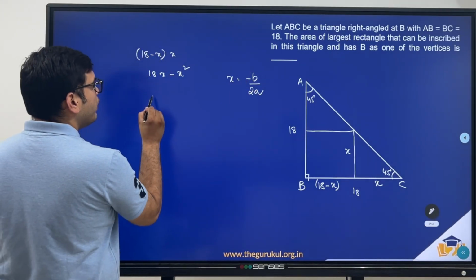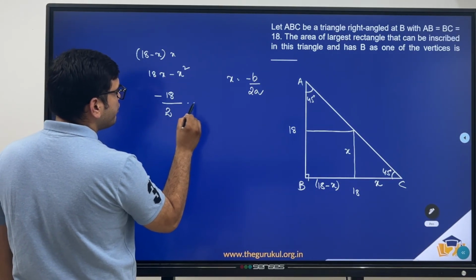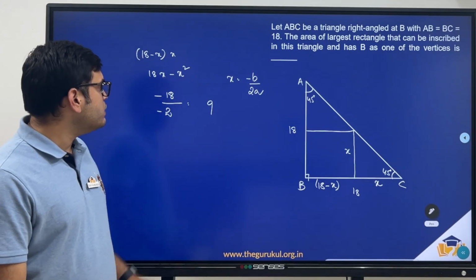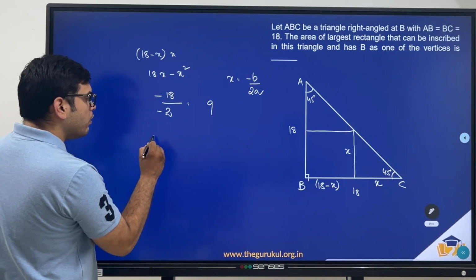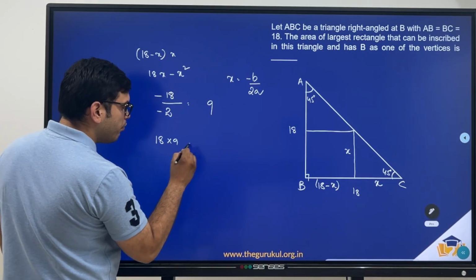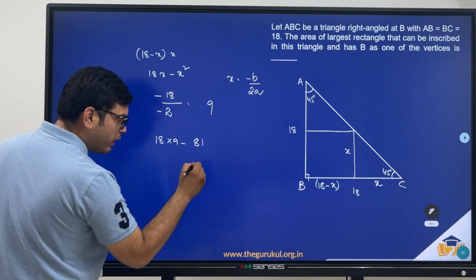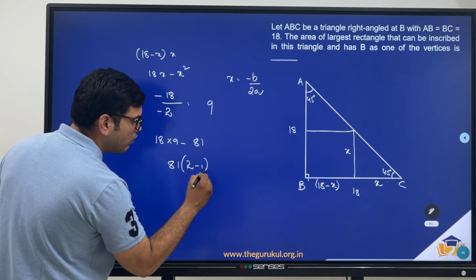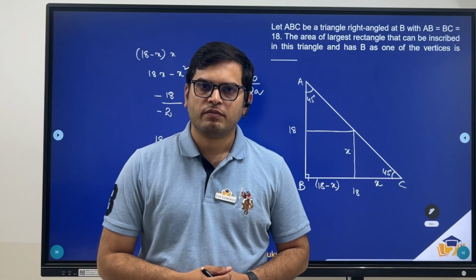So here it should be minus 18 by minus 2, which is 9, right? So this will be maximum when x is equal to 9. So let me replace x with 9. So 18 into 9 minus 9 square, right? 9 square, which is nothing but 81. Now I can take 81 common. If I take 81 common, this is 2 minus 1. So 81 square units should be the answer to this question.